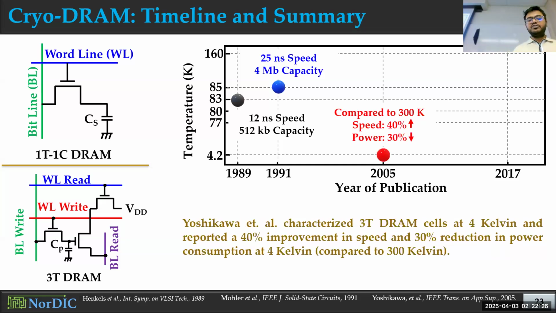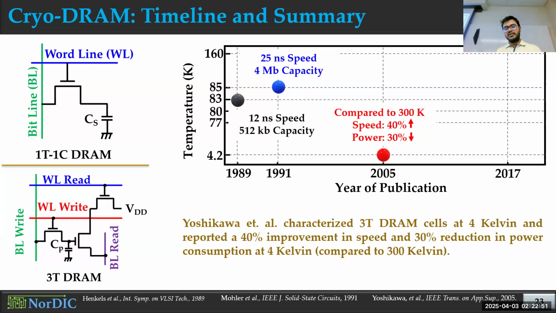And then in 2005, another research group characterized the 3 transistor DRAM. I think you also know that variant of DRAM, where you have 2 additional transistors to achieve separate read-write paths. They reported that their speed improved by 40%, and they needed 30% lower power consumption.